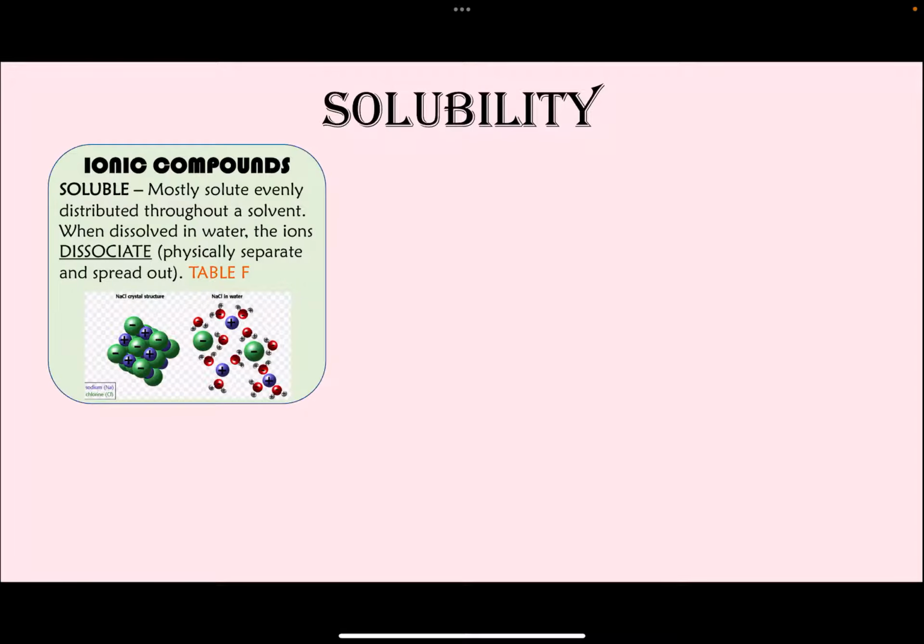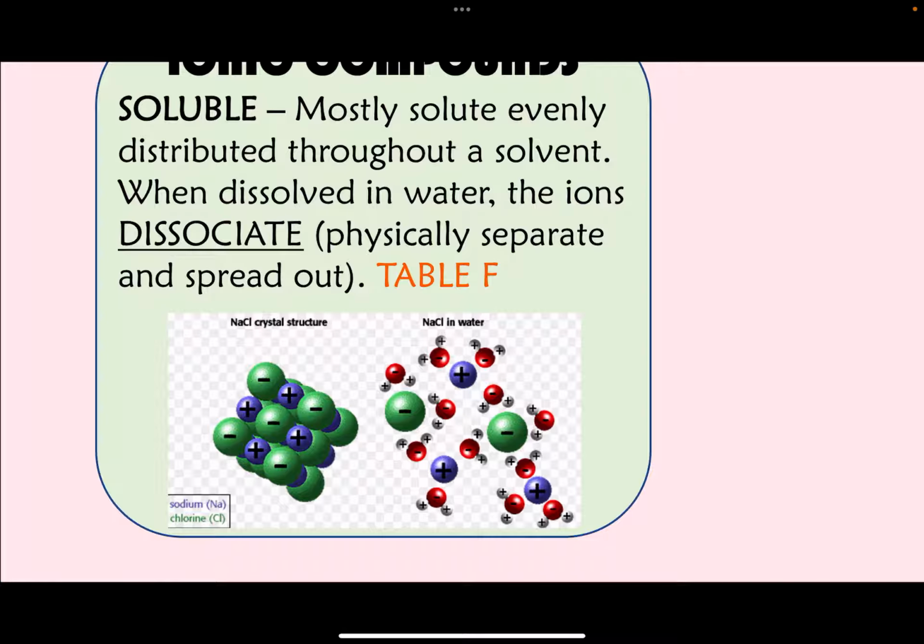So let's talk about solubility. Ionic compounds are normally soluble, because most ionic compounds, when they go in water or just any solvent, have the capability of dissociating into ions. As you can see in this picture, we have sodium chloride in water.